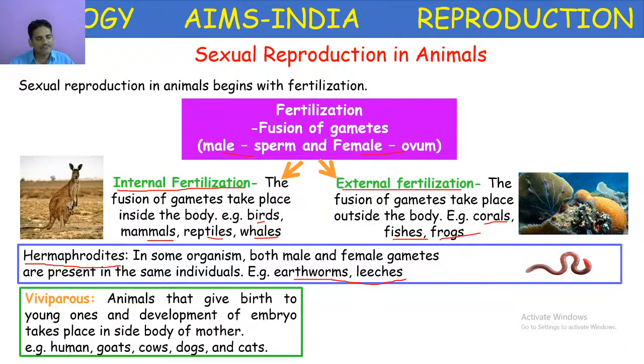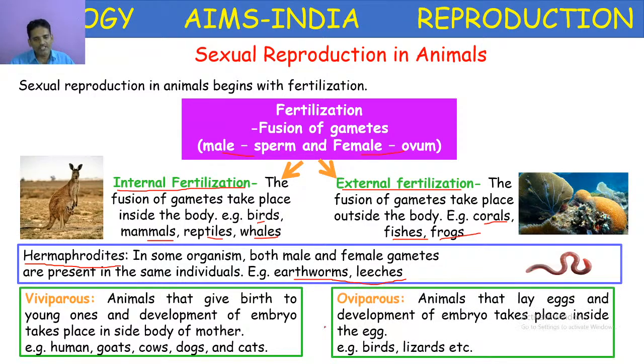Next, viviparous and oviparous organisms. Animals are categorized into two groups, viviparous and oviparous, depending upon how they reproduce. The animals that give birth to young ones, where development of the embryo takes place inside the body of the mother, are called viviparous animals.